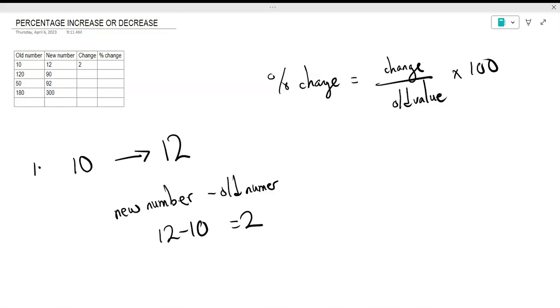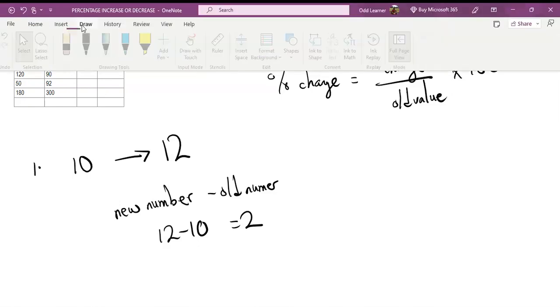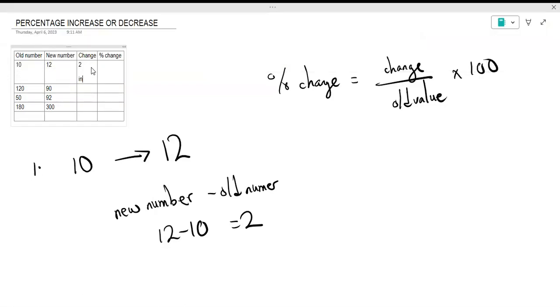Okay, so this is actually 2, and it's an increase, sorry. It's actually an increase because you're going from 10 to 12. Also put this here.